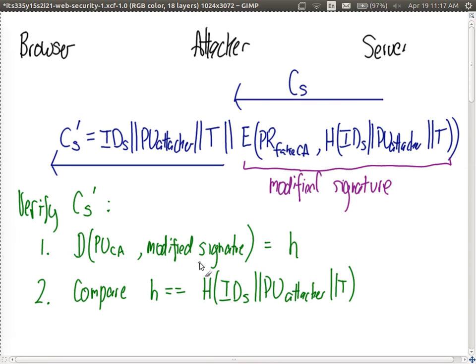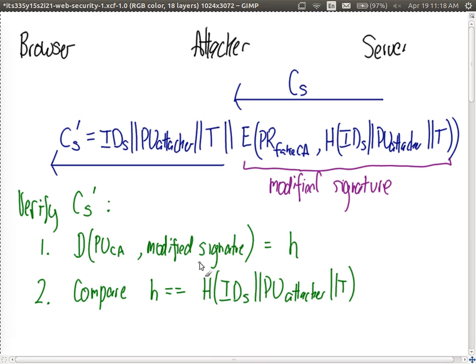That is, the signature, the modified signature, was created by encrypting using the private key of the fake CA. So when we decrypt this modified signature using the wrong public key, our assumptions about decryption apply. It was encrypted with the private key of the fake CA, and we're decrypting it not with the public key of the fake CA, but the public key of the real CA. We're using the wrong key in the key pair.